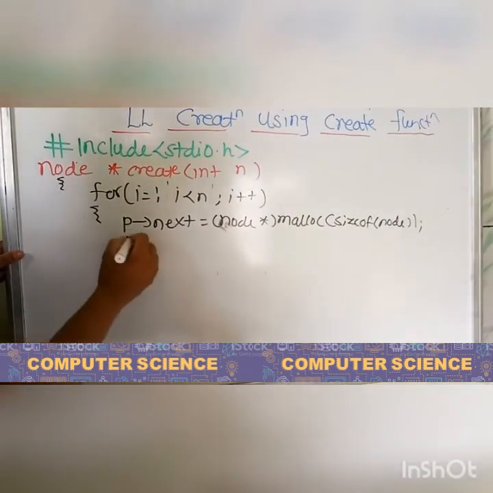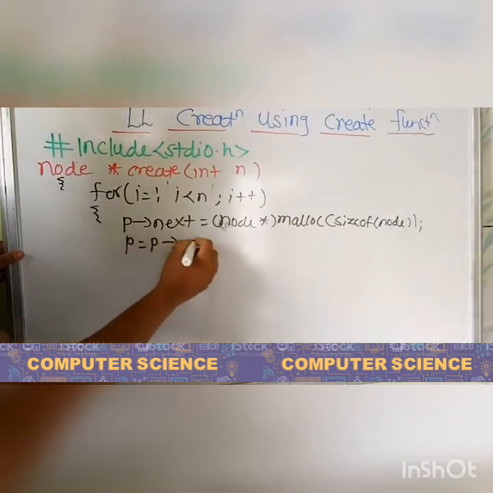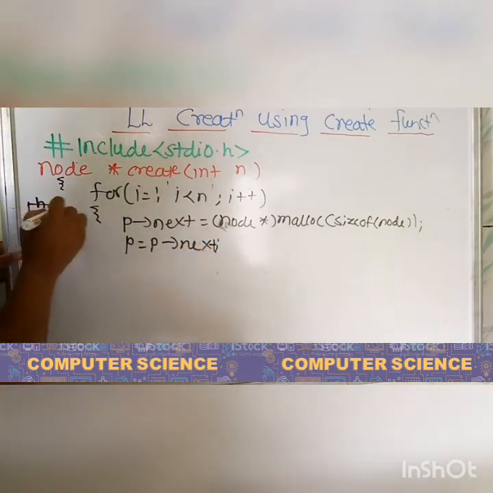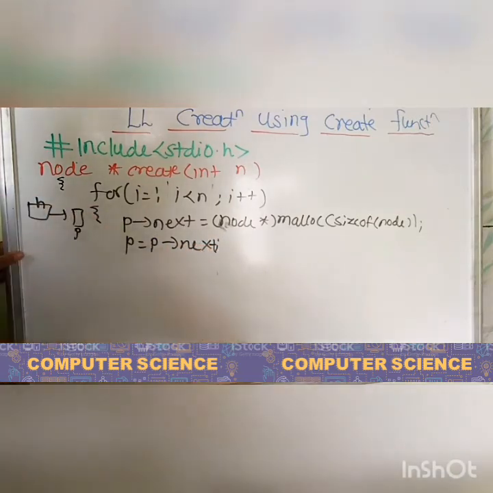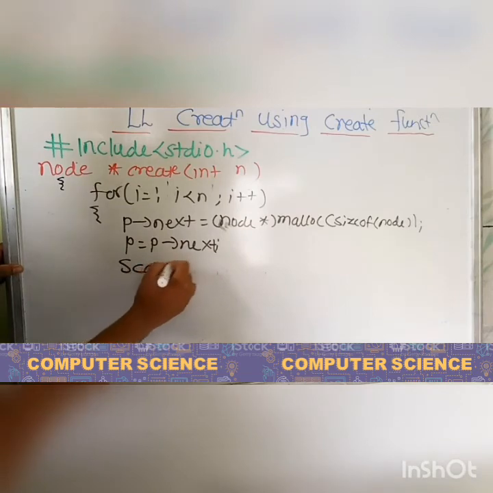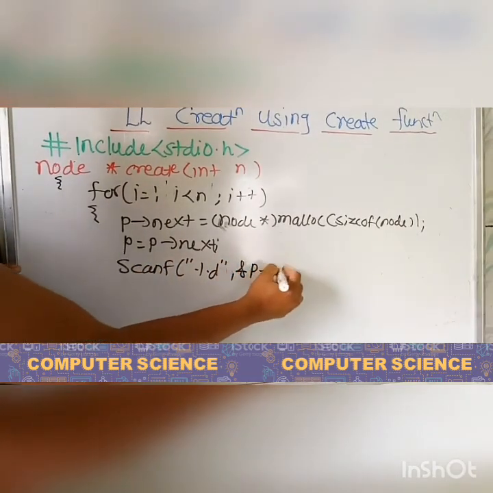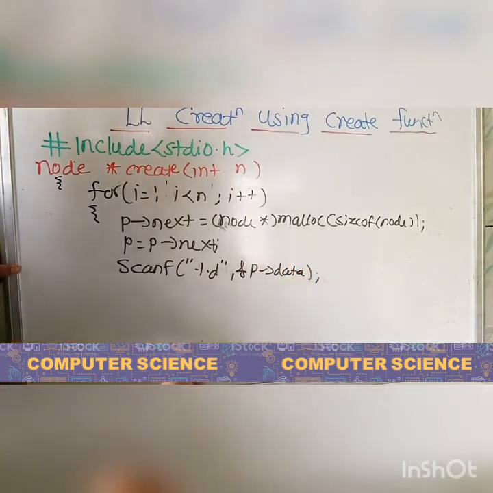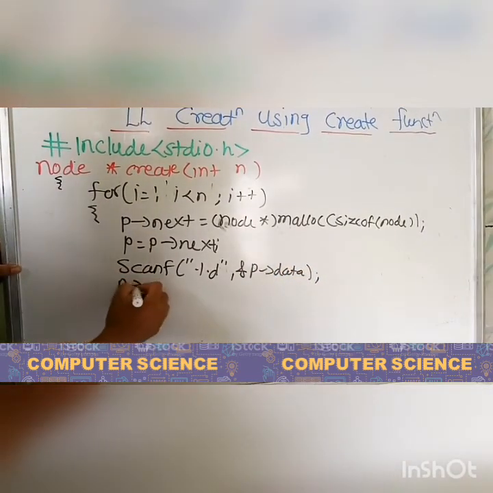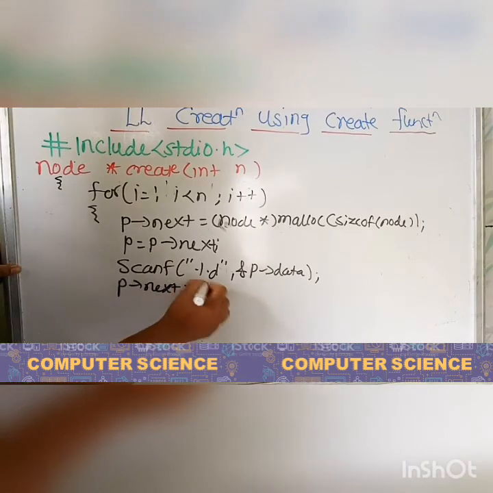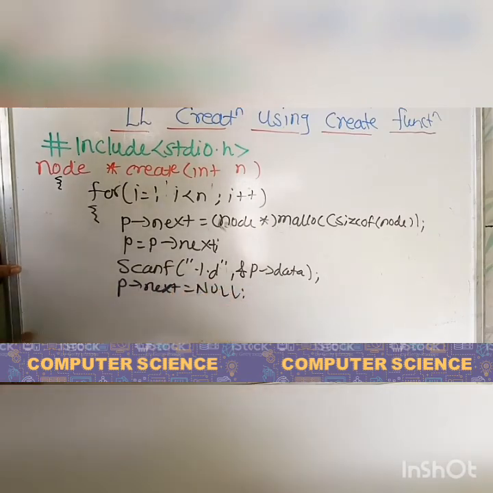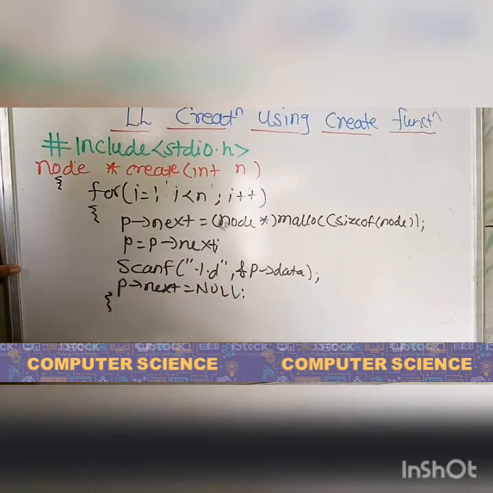Then we will shift it to the next, means p equals p->next. Now head is pointing here and p is pointing to the next node. Now we accept the data for it, that is scanf %d &p->data, and we will make the next pointer a NULL pointer. And here we are completing the for loop.